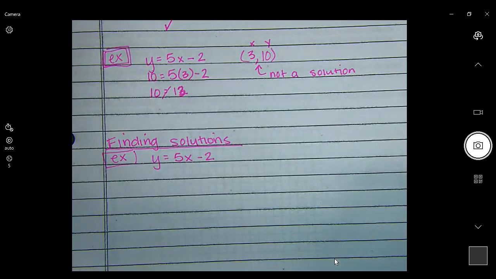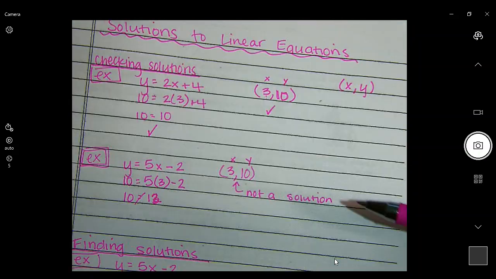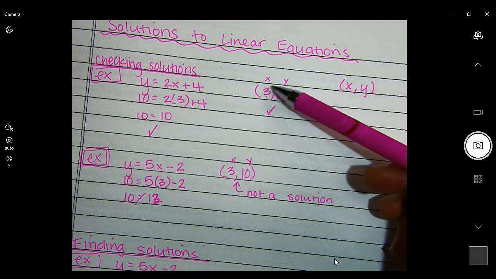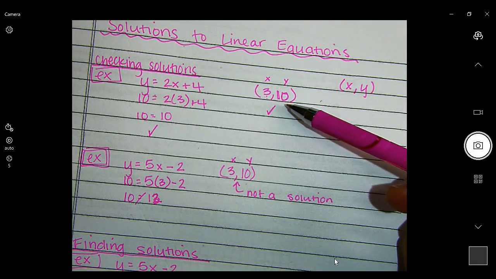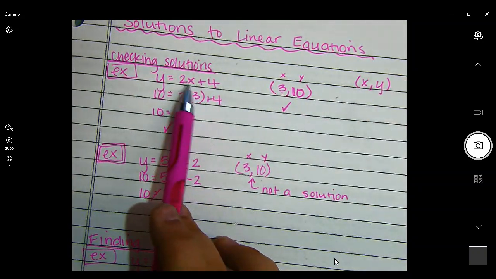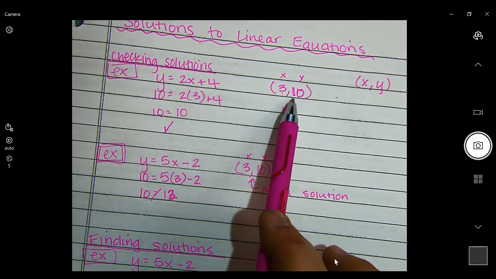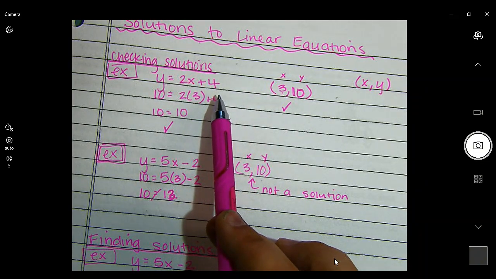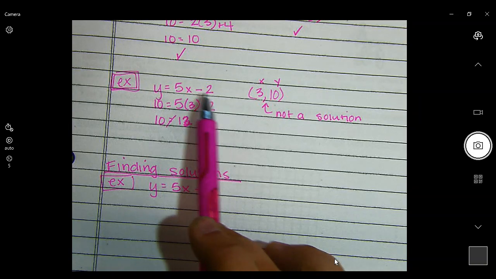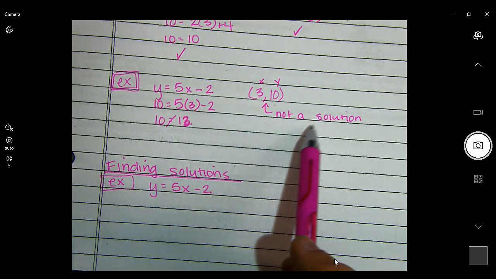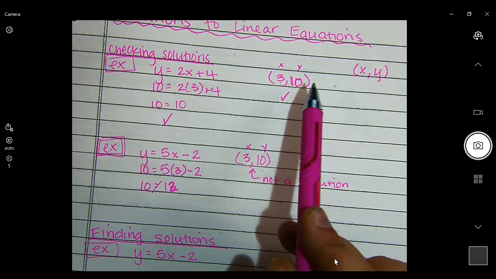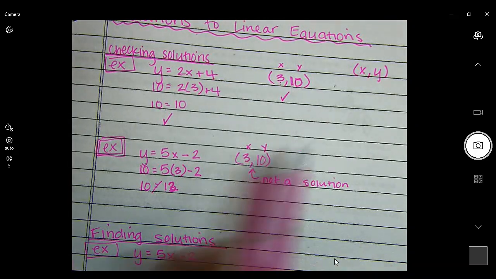And now I want to find a solution. So let's think about what a solution actually means. Okay, so in this case, our solution is an ordered pair, which means that if I graphed this line, (3, 10) would be a point on that line. Okay, if I graphed this line, (3, 10) would not be a point on that line. So when we're finding a solution, we're just finding a point on a line.